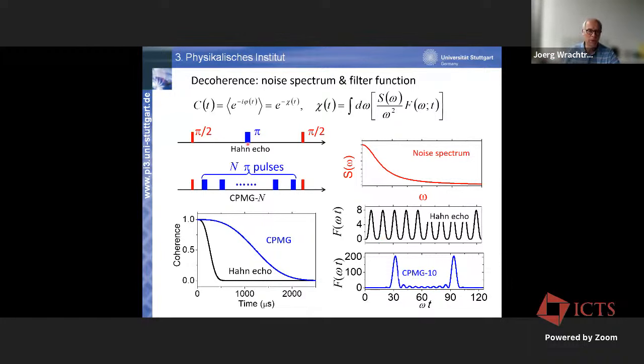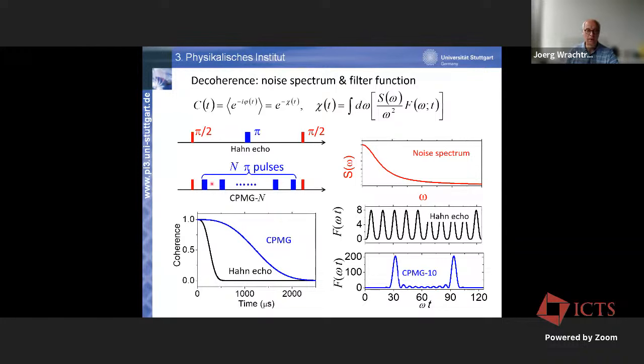If you apply not one of these inversion pulses on your electron spin, but a whole sequence, say of n pulses, then your filter function changes and it gets fewer peaks, which have a higher transmission. So the suppression ratio between blocking the signal and receiving the signal gets way higher, right? This is a quantitative measure.